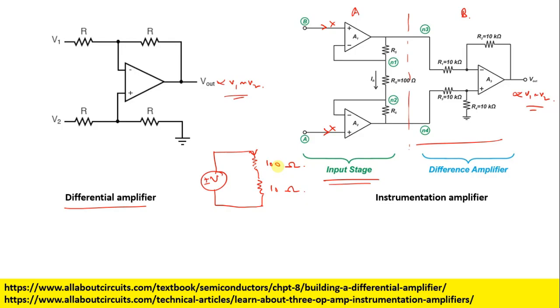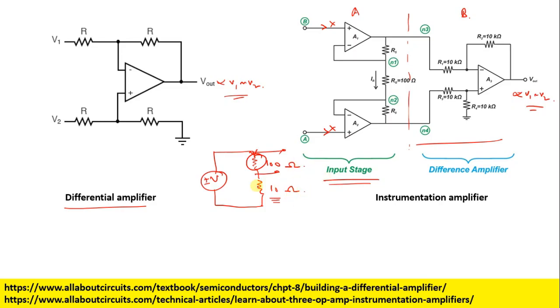And if you try to measure the voltage across it, what will happen? Since this resistance is quite low, even the total resistance is quite low, the current will be passing through, okay.